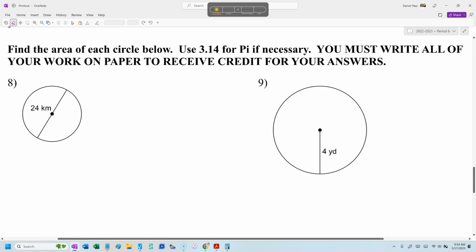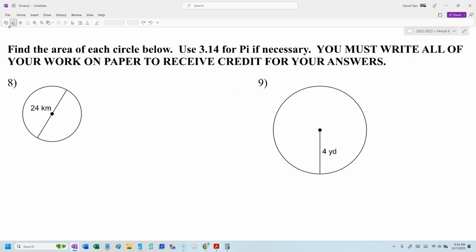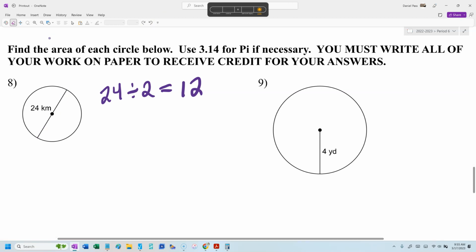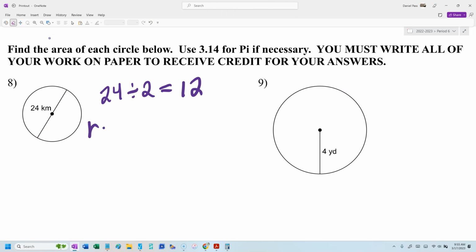Okay, number 8. What you got? For number 8, I got 24 divided by 2. Right. So why do we have to divide by 2? Because it says to use 3.14 for pi. Well, careful. What's the reason, everybody, that we need to divide by 2? Anybody? Because it's not the radius; it's the diameter, and we're going to need radius times pi. Right, Andrew? Yes. Radius times pi, and that's not the radius, so we have to divide by 2.